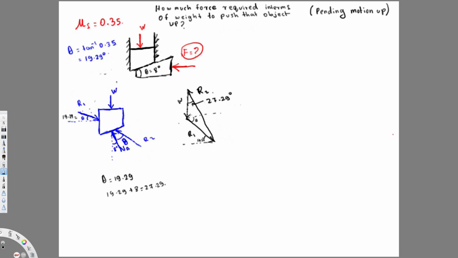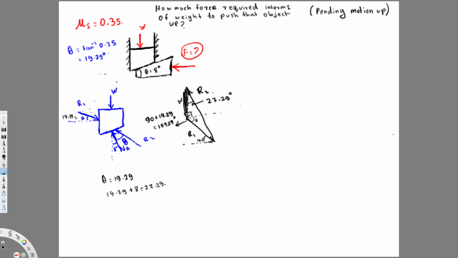So this is going to be theta. This is making 90 degrees, exactly perpendicular. So 90 plus this one, the total angle is going to be 90 plus 19.29 degrees, which is equal to 109.29 degrees. So that's this angle.